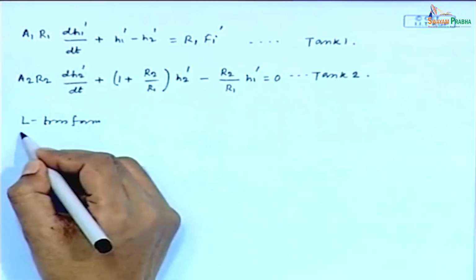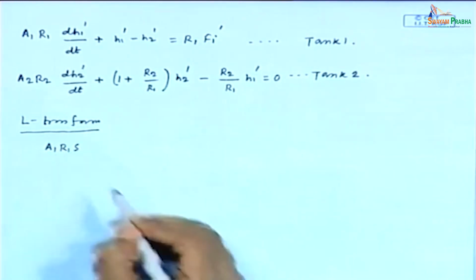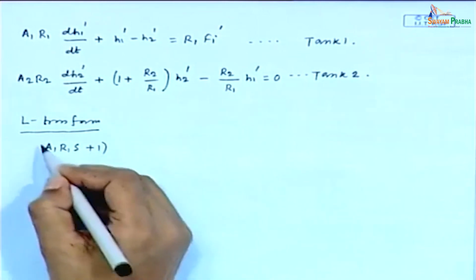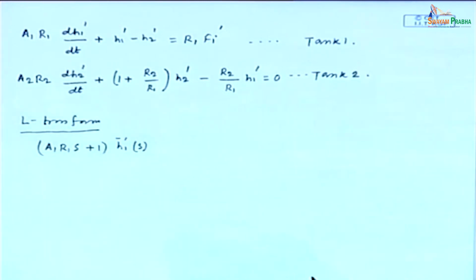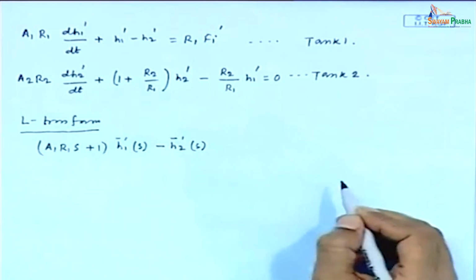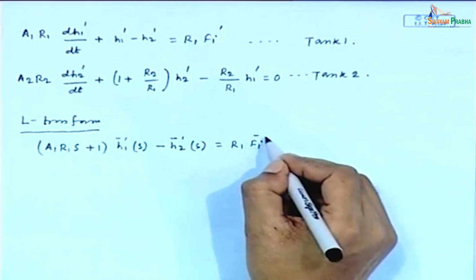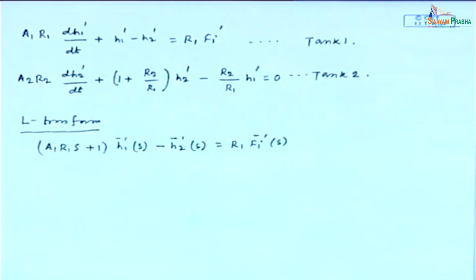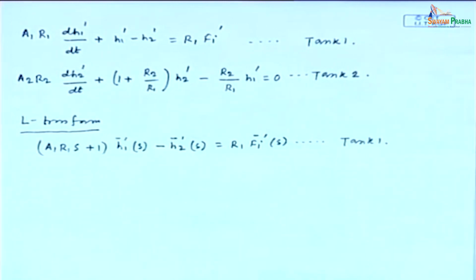Taking Laplace transform, we get for tank 1 (A1 R1 S plus 1) H1 bar prime S minus H2 bar prime S equals R1 Fi bar prime S. Taking Laplace transform of the modeling equation of tank 1, we obtain this form.